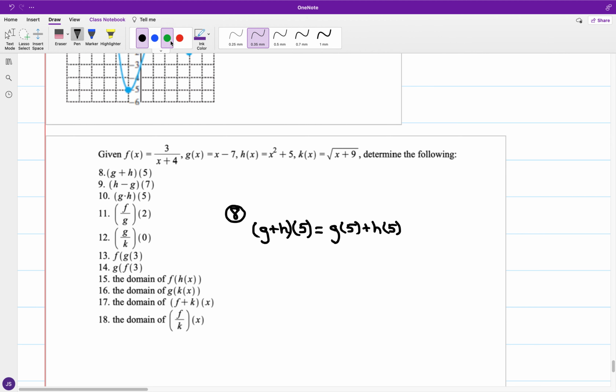plus h of 5. If we identify the values, g of 5, referencing the g of x function, is equal to 5 minus 7, which is -2. For h of 5, you have 5 squared plus 5.